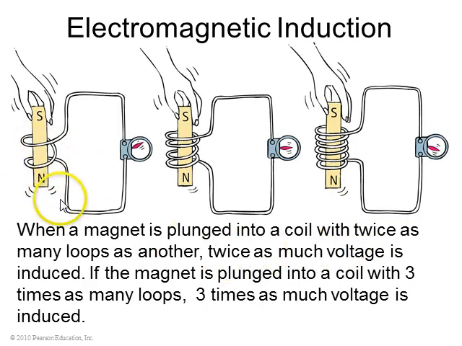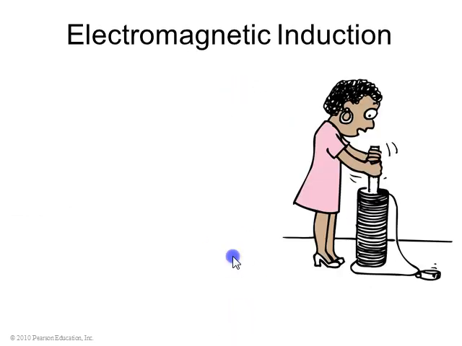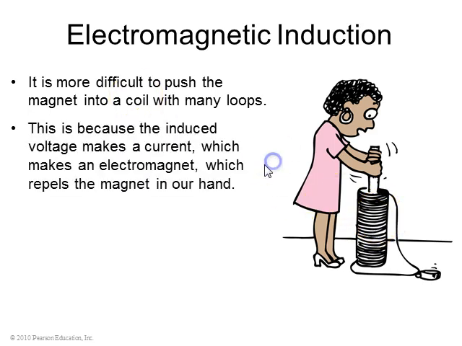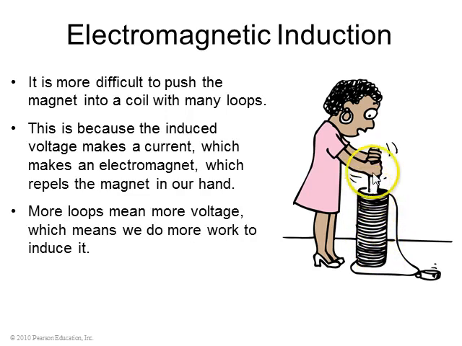So if you have multiple loops in a coil, the more loops you have, the greater the voltage you produce for the same speed of motion of the magnet. And when you push a magnet into a coil, it will induce a current, and that current in a coil makes an electromagnet, and the effect of that magnet is to push away the motion of the magnet that's attached to your hand.